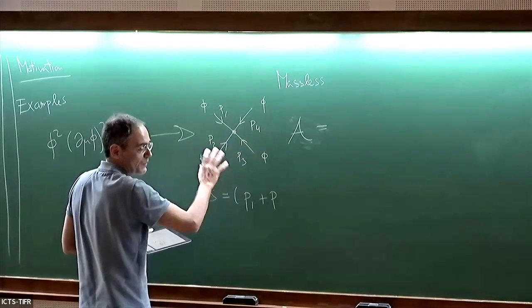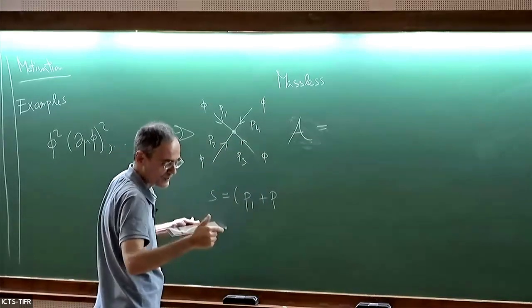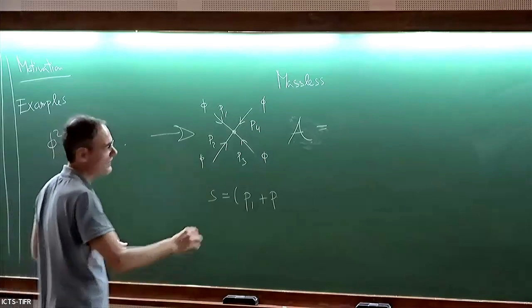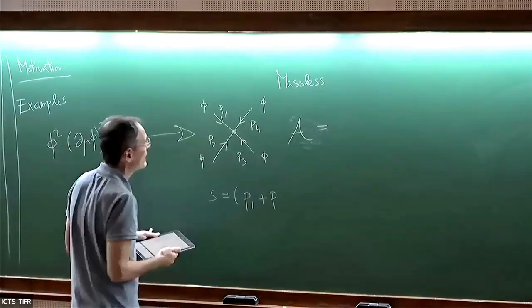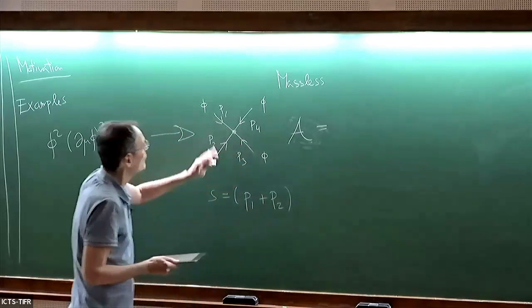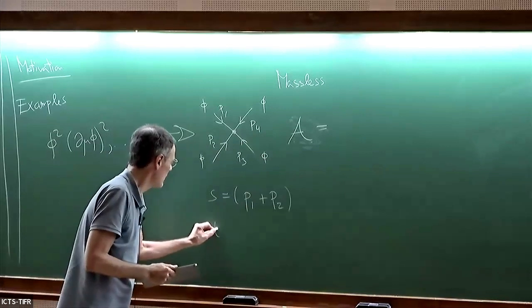When I write the amplitude, let me write it with this possibility. When I go to physical states, I have to go to the process where the energy is positive and so on. So P3 will have the opposite sign, but you can do it easily.